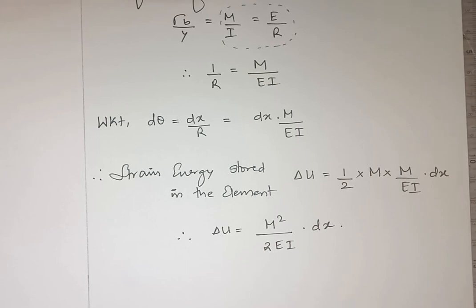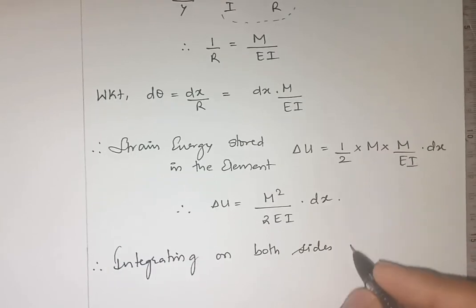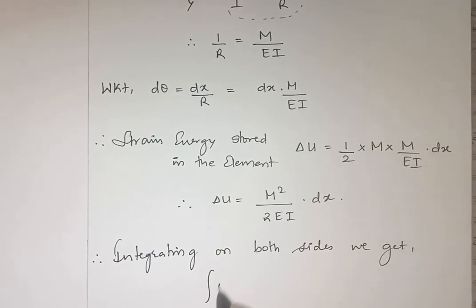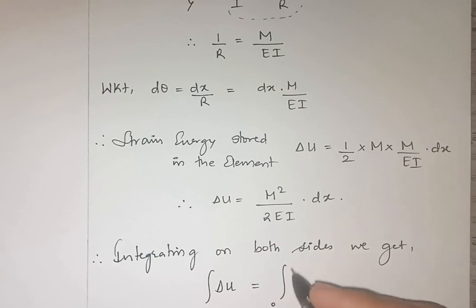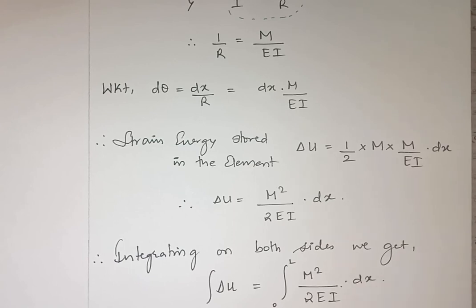Right? Now this is for an element, therefore integrating on both sides, we get U is equal to the integration from 0 to L of M square divided by 2 times EI into dx, right?